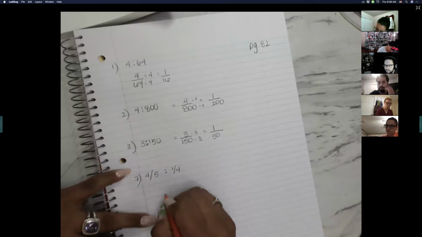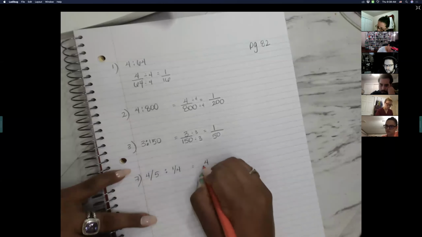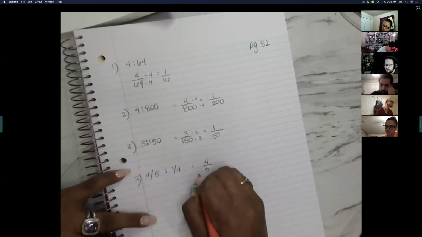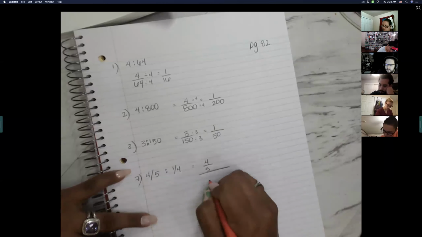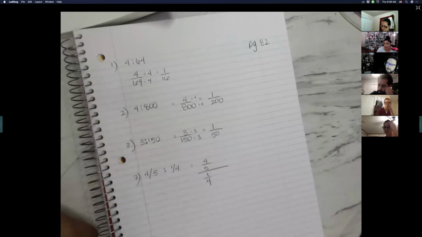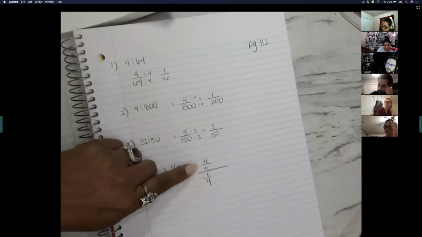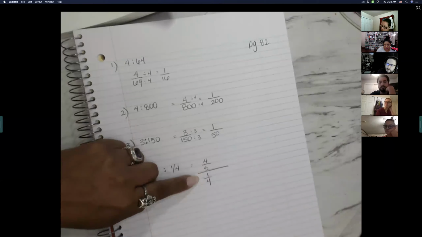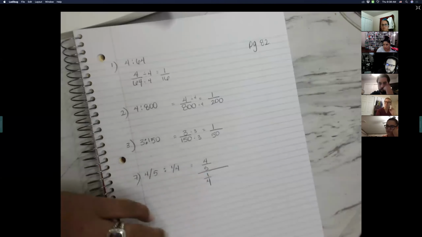It's going to be 4 over 5 over 1 over 4. That looks like a hot mess. This, in our math life, we don't accept. It's a fraction on top of a fraction, so we're going to clean it up, okay?